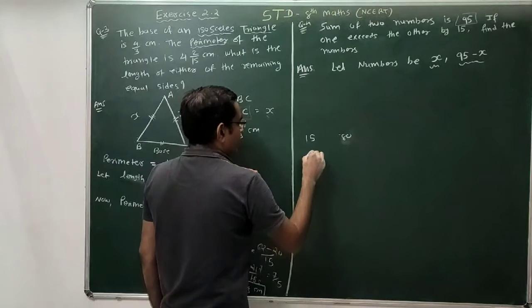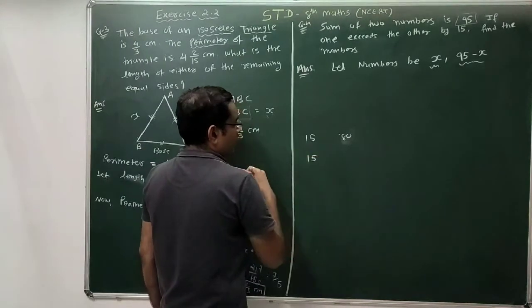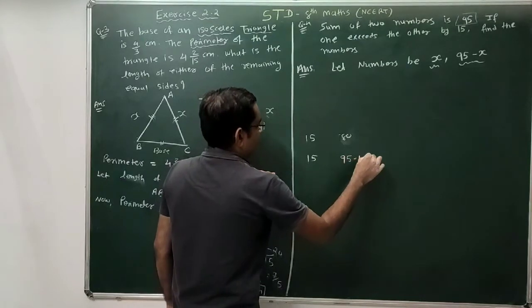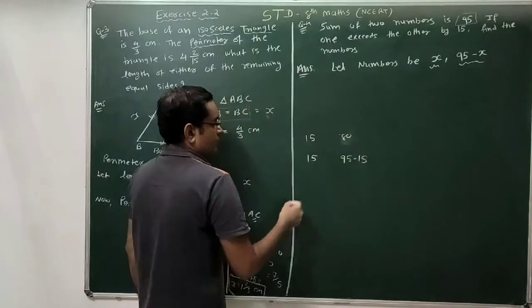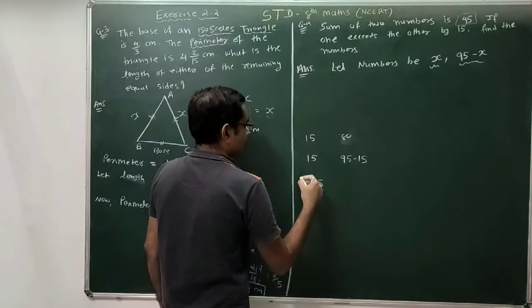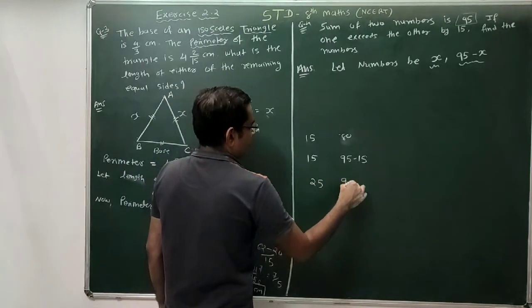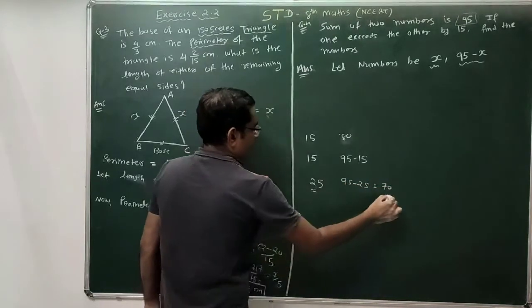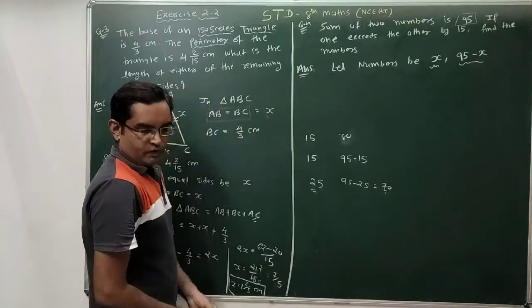So what is the meaning of 80? It is nothing but suppose one number is 15 and another number is 95 minus 15. So it's 80. Similarly, if one number is suppose 25, so another number is 95 minus 25, which is equal to 70. Therefore, the sum of these two numbers is 95.